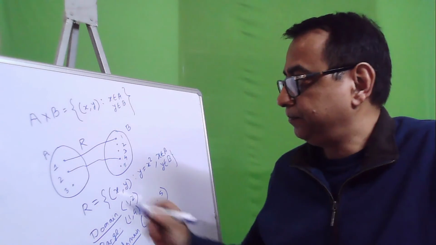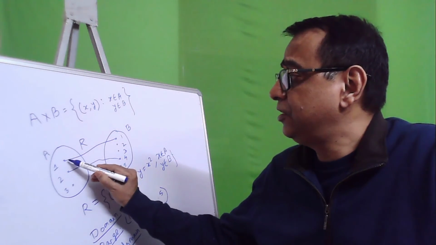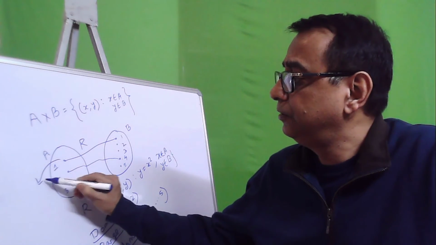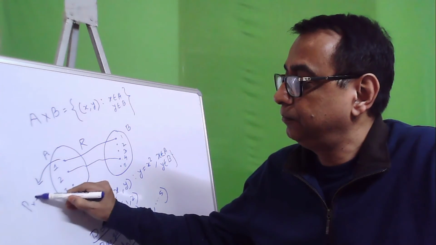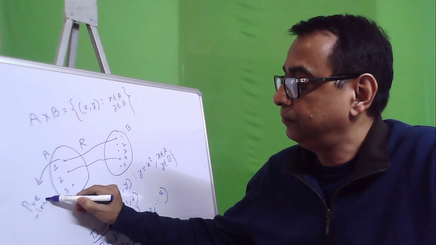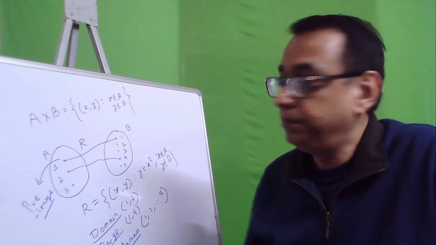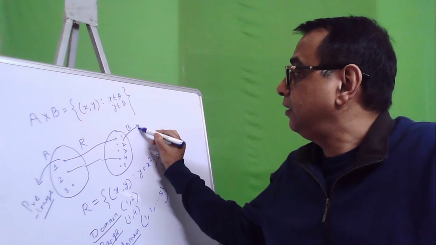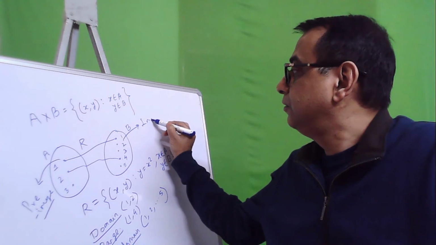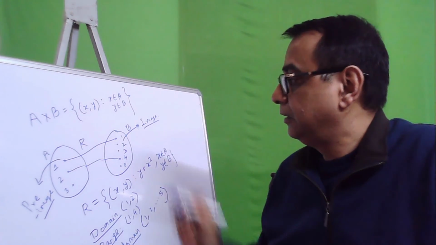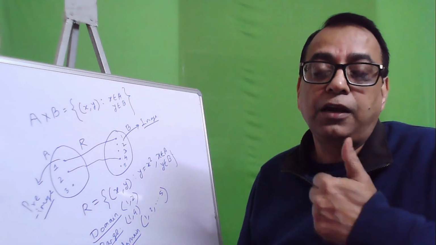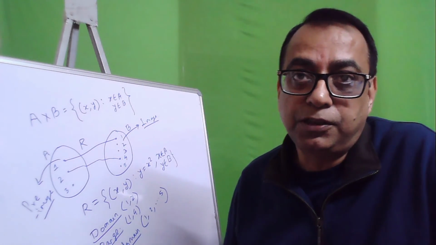One more thing. Many times this is called the pre-image of the relationship, and this is called the image. So there are 5 things in a relationship.